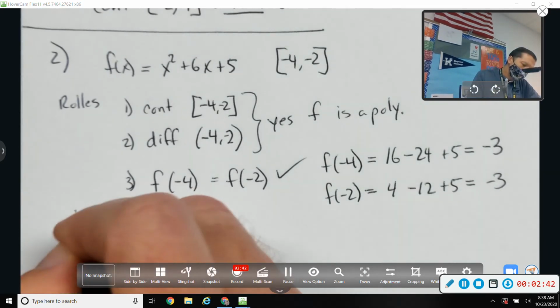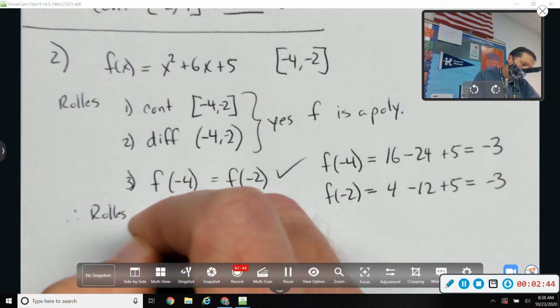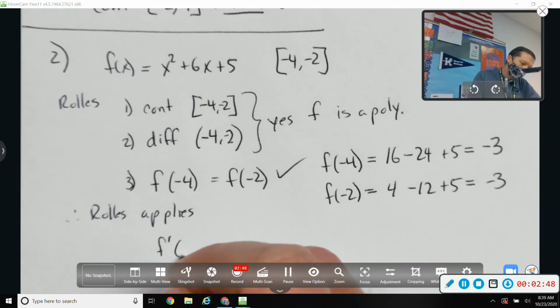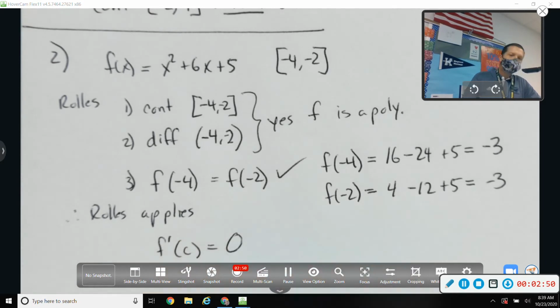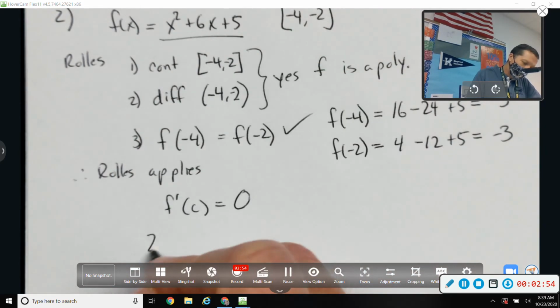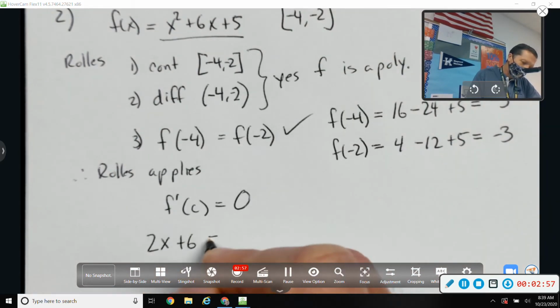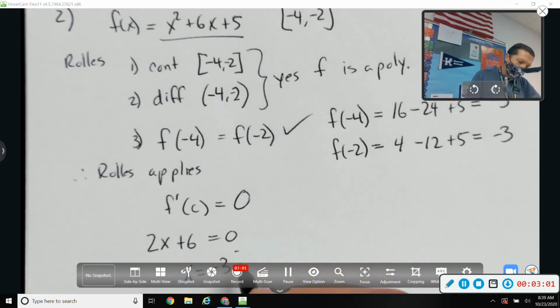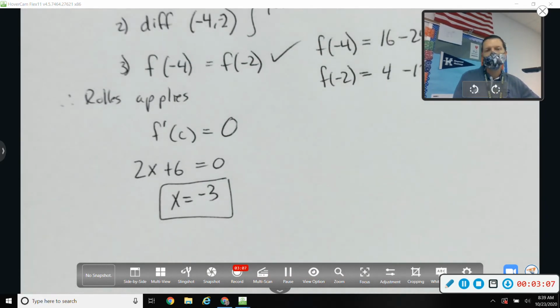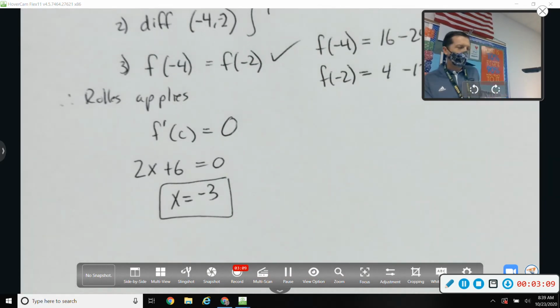So Rolle's applies. And that means that somewhere the derivative is equal to 0. Well, the derivative would be 2x plus 6, so x equals negative 3. I'm checking to make sure that's in my interval. Well, it has to be. Rolle's guarantees that it will be. So I should check, but it's fine. It works.